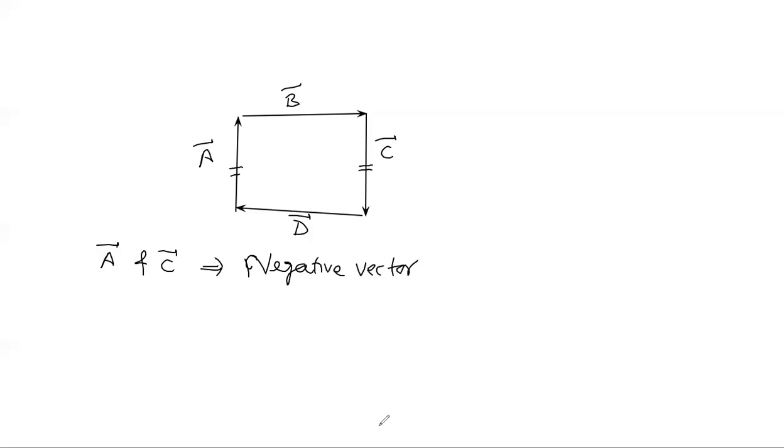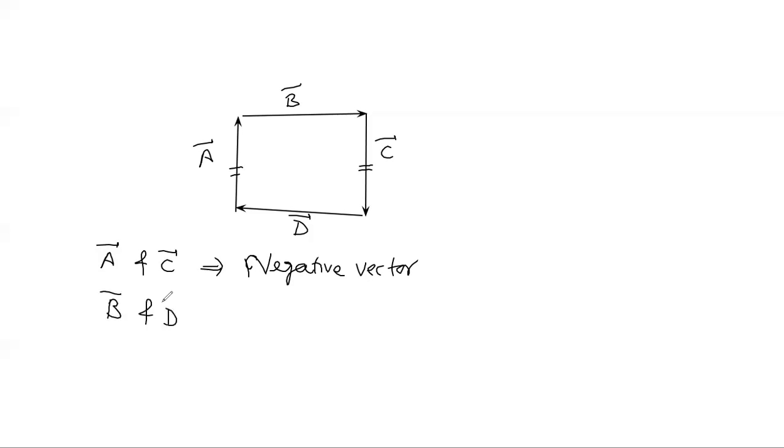Tell me, vector A, vector B, vector C, and vector D. Tell me, are A and C equal vectors or negative vectors? See, the magnitudes of A and C are equal, but the direction is opposite. So A and C are called negative vectors. Clear?